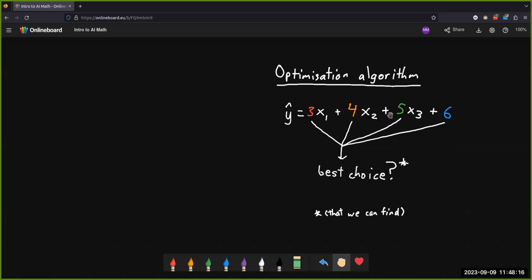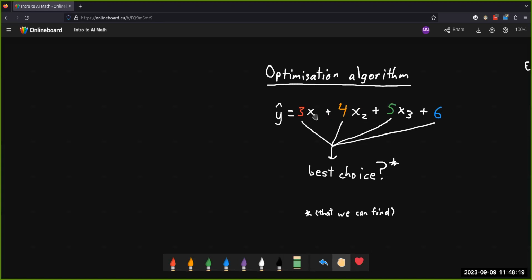When we have so many variables, it's really hard to figure out all the possible numbers that I could choose, the parameters that I could choose to put into this equation. So we basically never find the best choice in any optimization algorithm in AI. It's almost always the best choice that we can find. There's a fine print. It's just good enough. It's maybe not the best choice for these parameters, but it gets the job done. So that's what we want to create an algorithm to do.